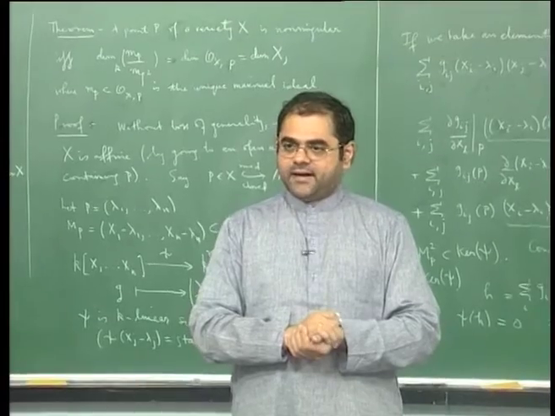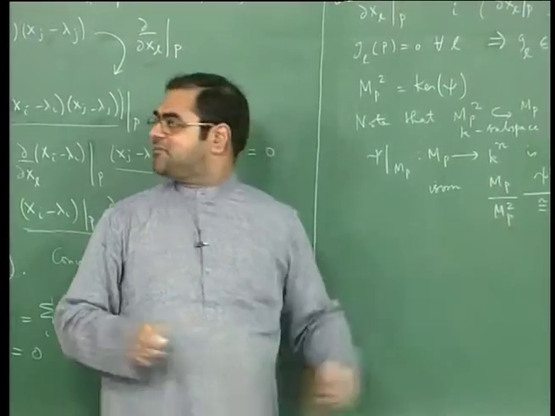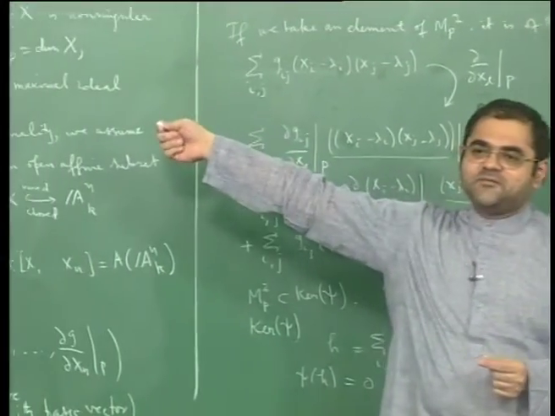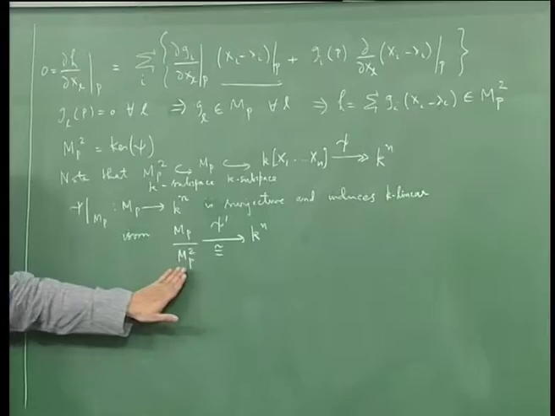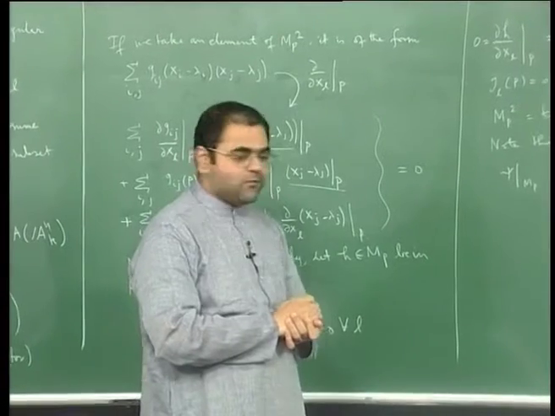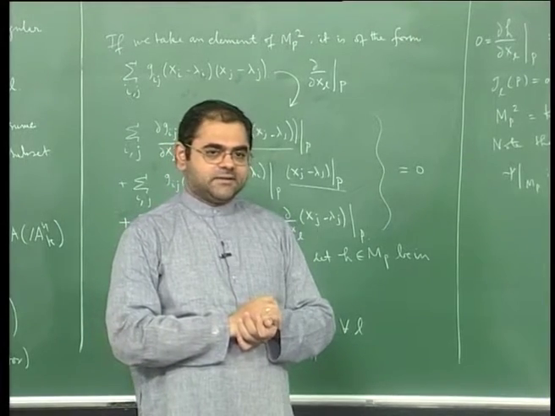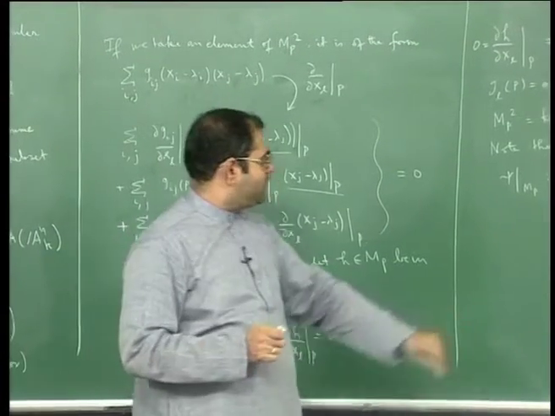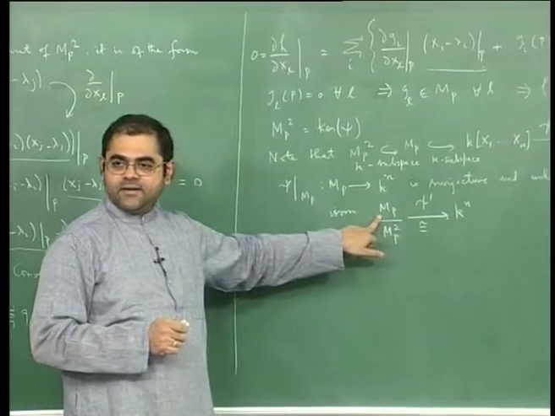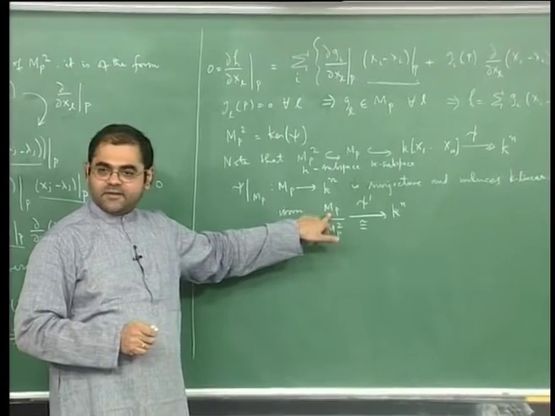In retrospect, in view of the theorem that we are going to prove, what you are saying is that every point of affine space is non-singular. Because the local ring of affine space at that point is just the polynomial ring localized at M_P, and its maximal ideal is generated by the image of M_P in that localization.